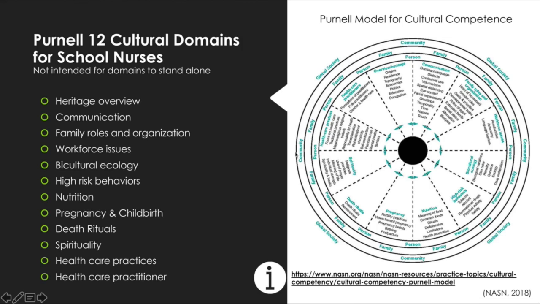So this model here was developed by Purnell. It's 12 cultural domains for school nurses. So it's specific for the school nurse, and it says that none of these domains should stand alone.